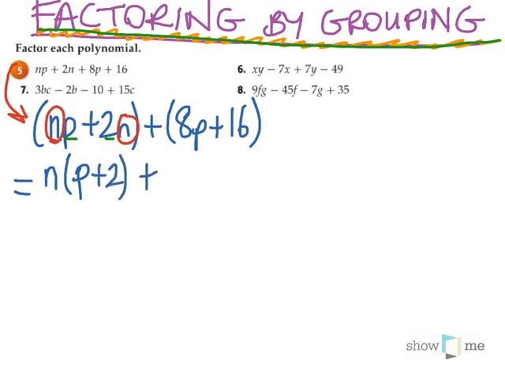And for the second one, I'm going to factorize the numbers as 8 being 2 times 2 times 2 and 16 being 2 times 2 times 2 times 2.